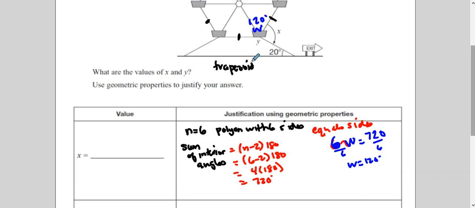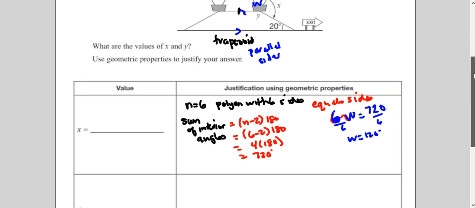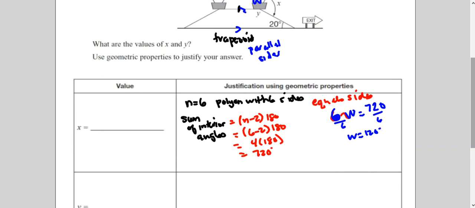Well, we also know from a trapezoid, we have parallel sides. So those 2 sides are parallel.